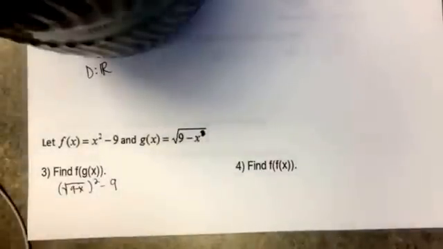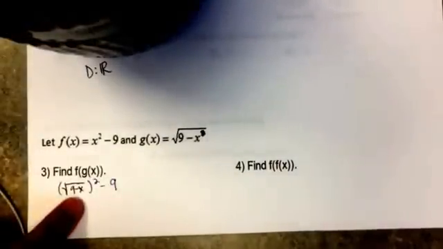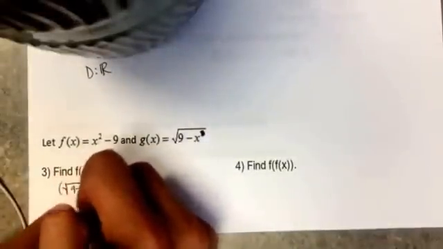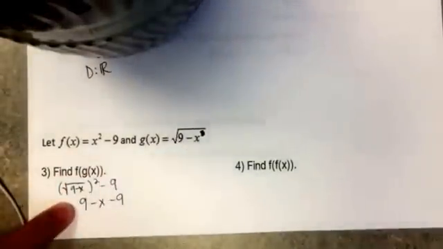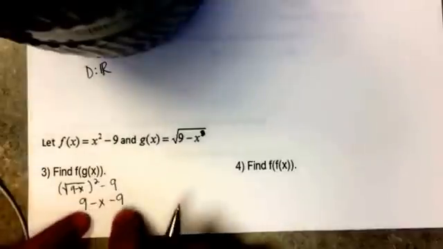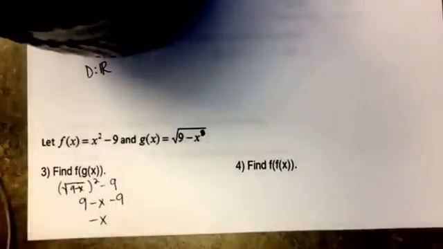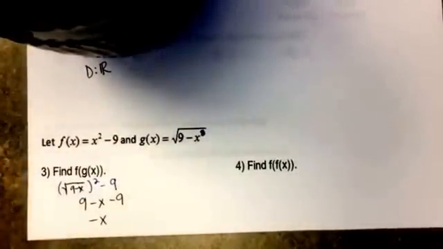So we're supposed to simplify if we can. So let's simplify. Squaring a square root cancels them out. So you have 9 minus x minus 9. And then if you subtract the 9's, you end up with just negative x. So I'm supposed to figure out whether or not there are any restrictions.